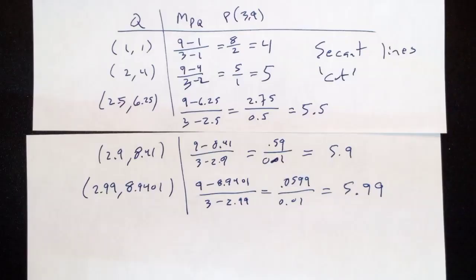What do you think is going to happen as I add more nines over here? My x value. I should add more nines here, right? So I think I'm going to get closer to 6.